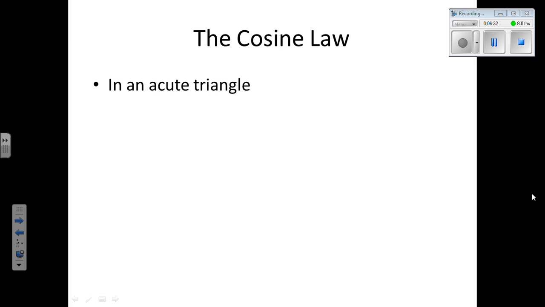In an acute triangle, the cosine law is going to be just what we went over.